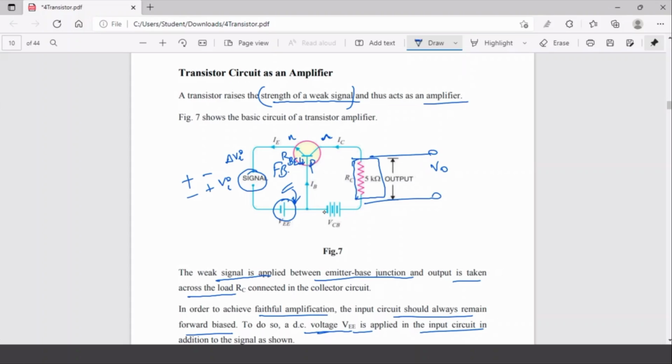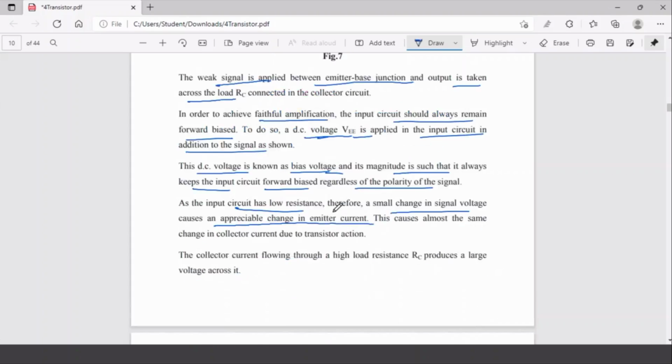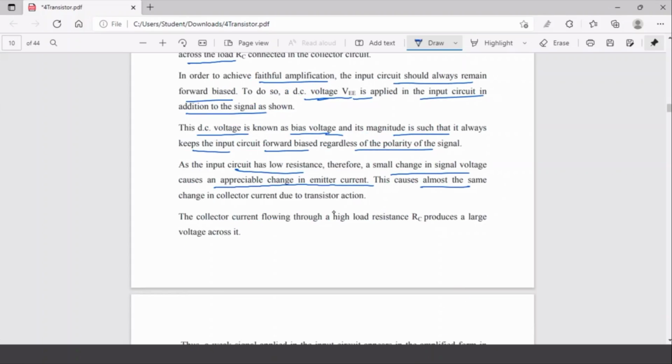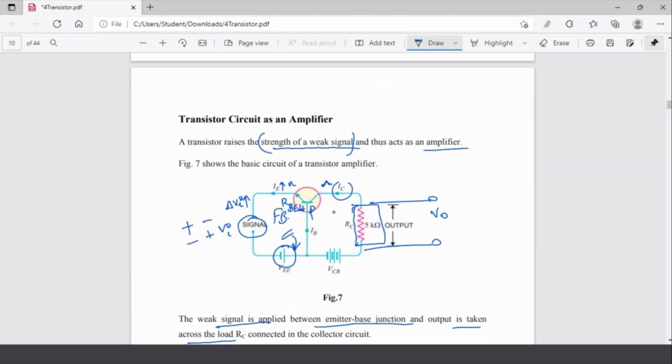So any small change in delta Vi will lead to a high amount of emitter current. This will almost cause the same change in collector current, because we know that IE is equal to IB plus IC. If IE is increasing and IB is very, very small, then IC is also increasing. The current flowing through the load resistance is equal to IC.